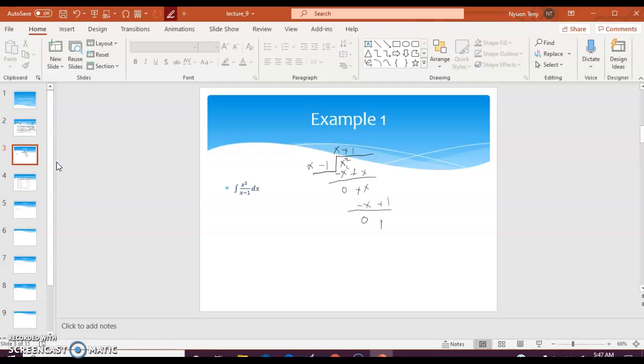So the remainder here is 1, because 1 divided by x minus 1 is going to be 1 over x minus 1. So the function I'm going to be integrating is x plus 1 plus a remainder, which is 1 over x minus 1.